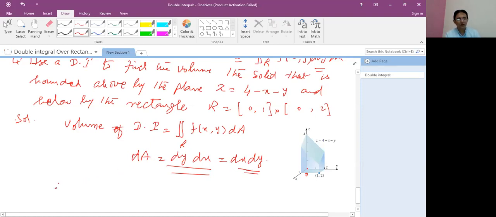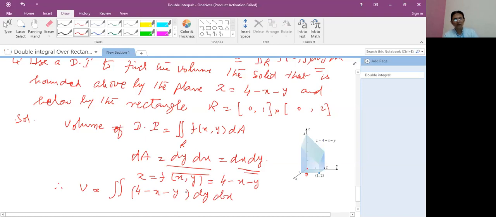Therefore the volume is equal to the double integral over R. We consider the function 4 minus x minus y, called z because z equals f(x,y), which is 4 minus x minus y, into dy dx. If we consider it in this way to find the volume, the limit of y is 0 to 2, and the limit of x is 0 to 1.